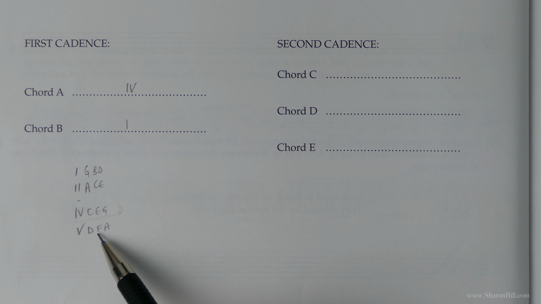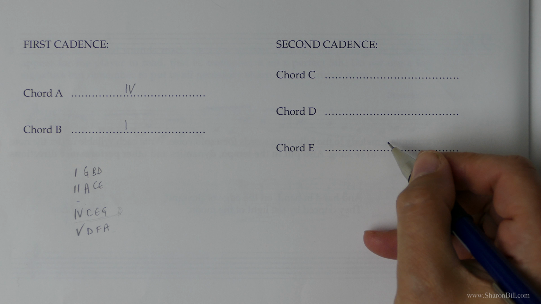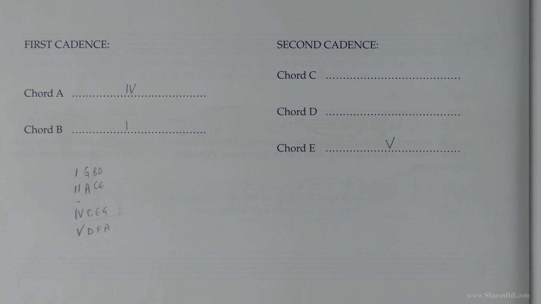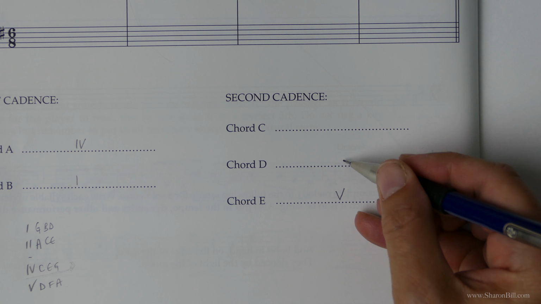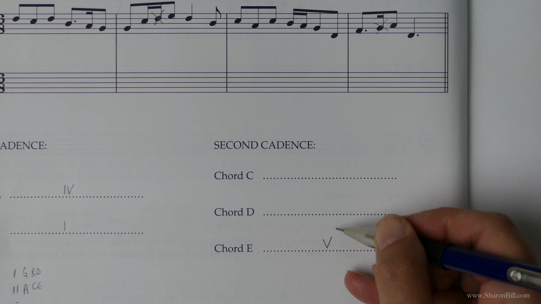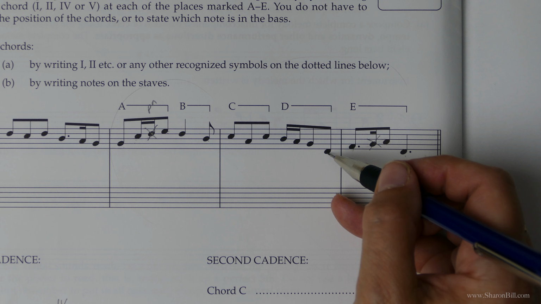And so an F, an A and a D, we can see that chord 5 fulfills that, so we're heading towards an imperfect cadence, and so really anything to 5 will give us an imperfect cadence, so we've not really got much of a clue. So let's see what's happening here.